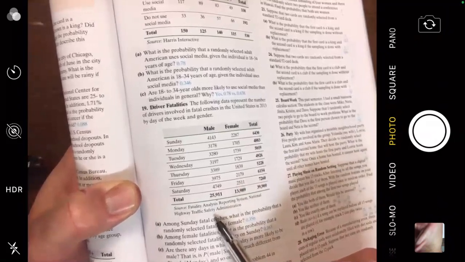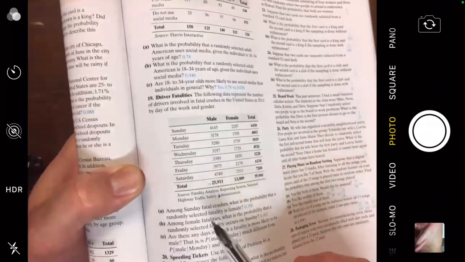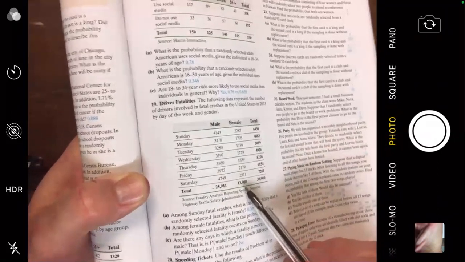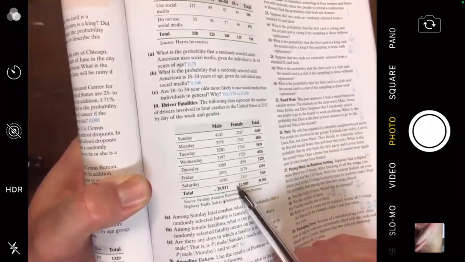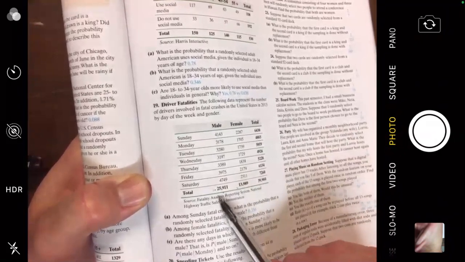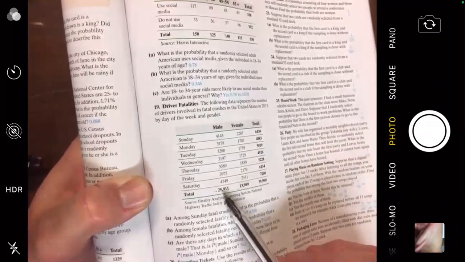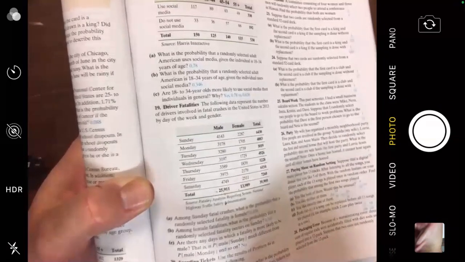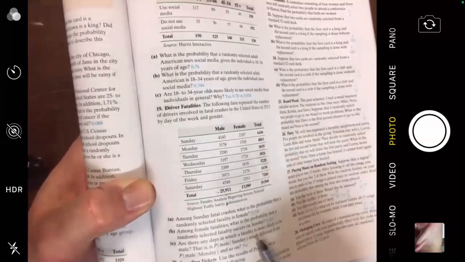Men are worse drivers. There's a lot more male driver fatalities than female driver fatalities. Can you see that? In fact, it's about double. You can almost conclude it's about twice as likely there'll be a male driver fatality in a crash than a female driver.